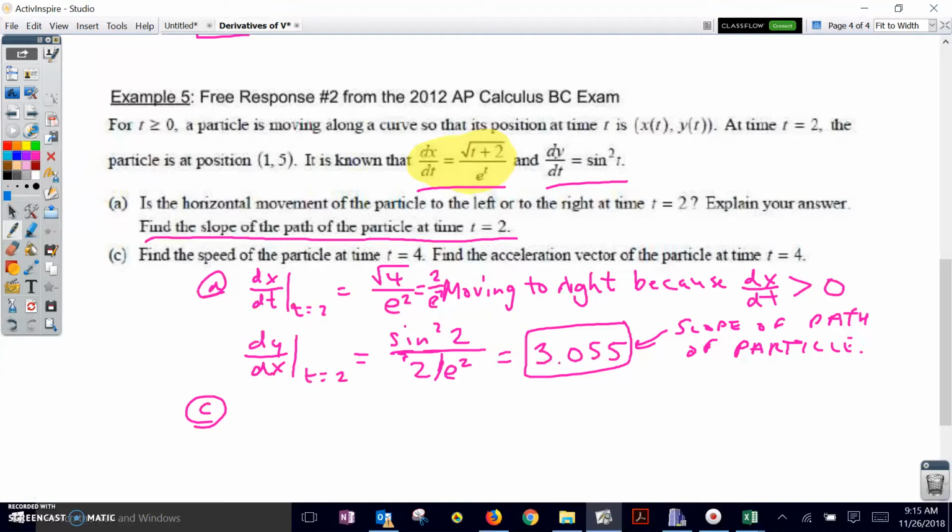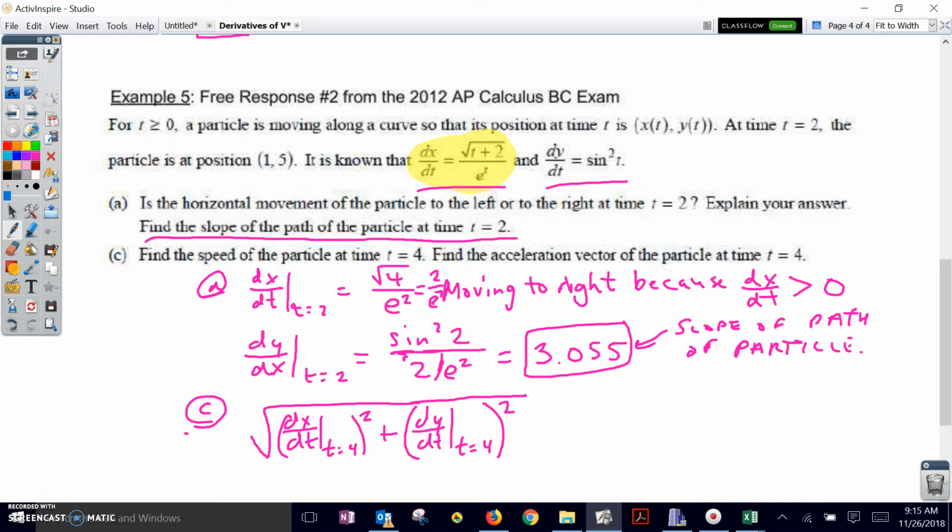So, in order to find the speed of the particle, we're just going to find the square root of dx/dt evaluated at t equals 4, squared, plus dy/dt evaluated at time 4, squared. We'll take the square root of that, and that's going to be equal to the speed.